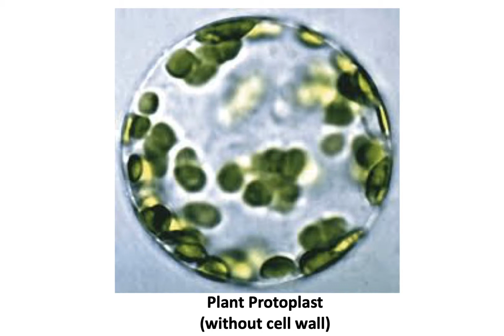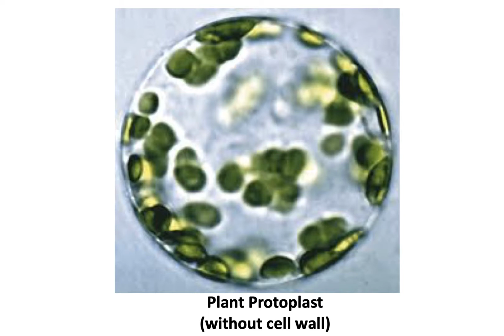So if you digest away the cell wall by using cellulase on a plant cell, it rounds up. It looks like a sphere. These are called spheroplasts or protoplasts. And they're used in order to get DNA into the cell.